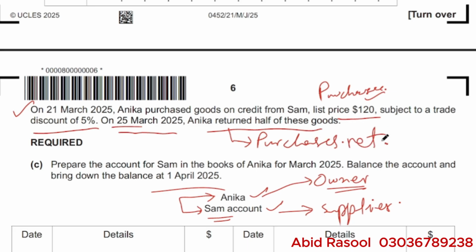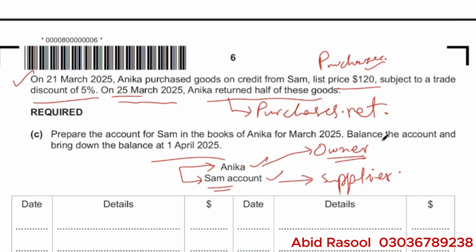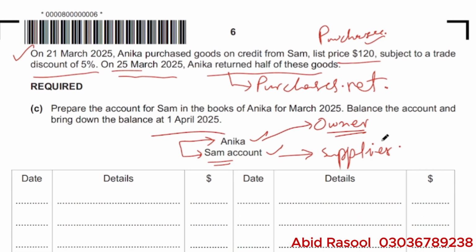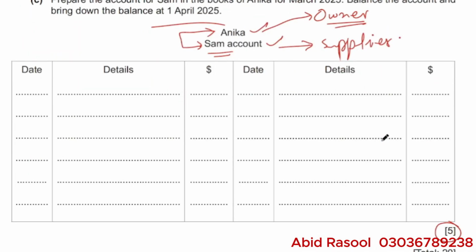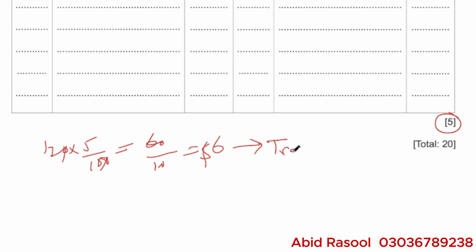Before making these entries into the account of Sam, we need to calculate what amount we will enter. When we buy goods of 120 and there was a 5% discount, multiply by 5 over 100. That is $6, which was the trade discount.